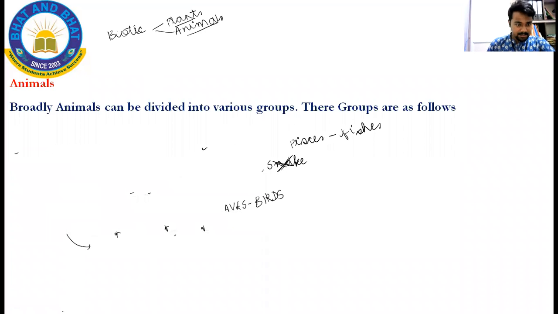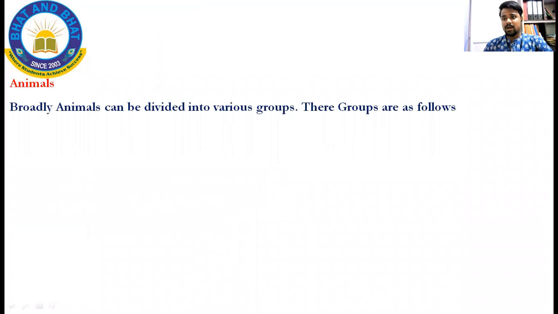Can you all answer these questions now? Well, let me erase this whole thing. So now you tell me, students, if I'm calling the word Pisces, which group of organisms comes under Pisces? Fishes. Very good. If I'm calling it aves, which group of animals is under aves?